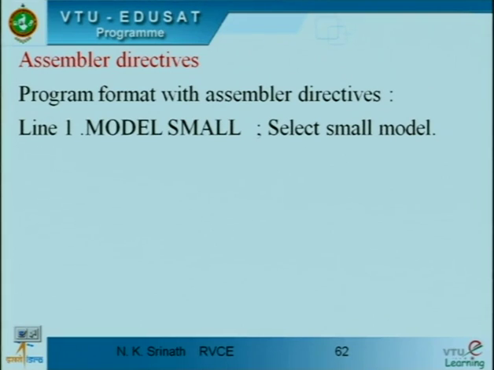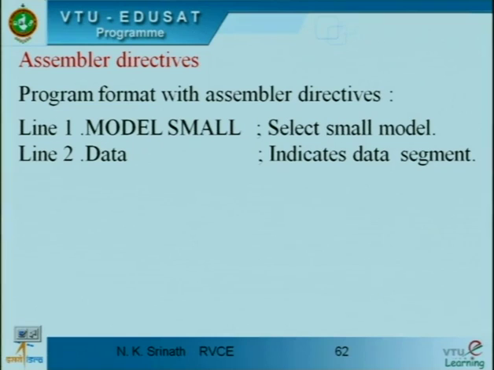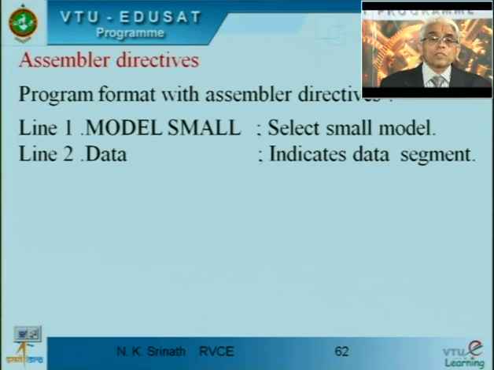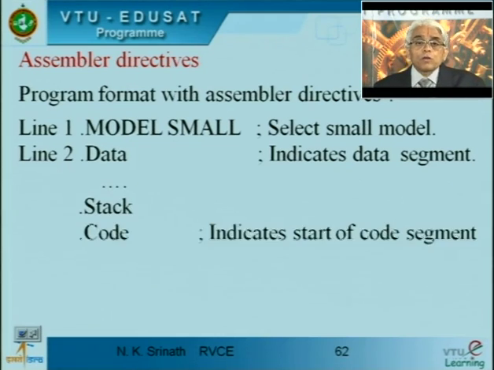The first line selects a particular type of model when you are writing an assembly level program. Following this we have the next line, .data, which indicates that following this line 2 we are going to have the data, that the data segment has to be initialized, and whatever is given following it is to be loaded. Next we talk about .stack.